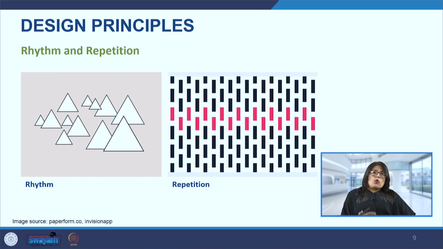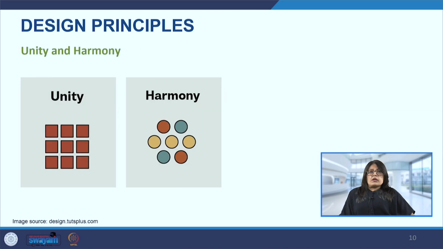When we keep all the buttons of the same color, they make them more visible, easy to be spotted, and they also help one navigate better in the web page. So rhythm and repetition becomes important there.